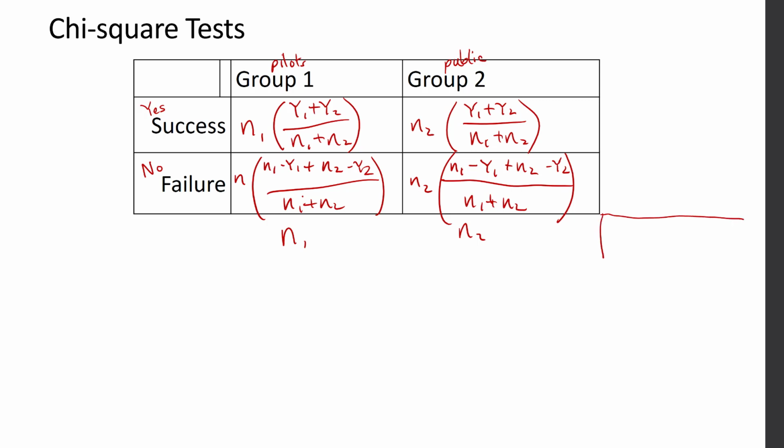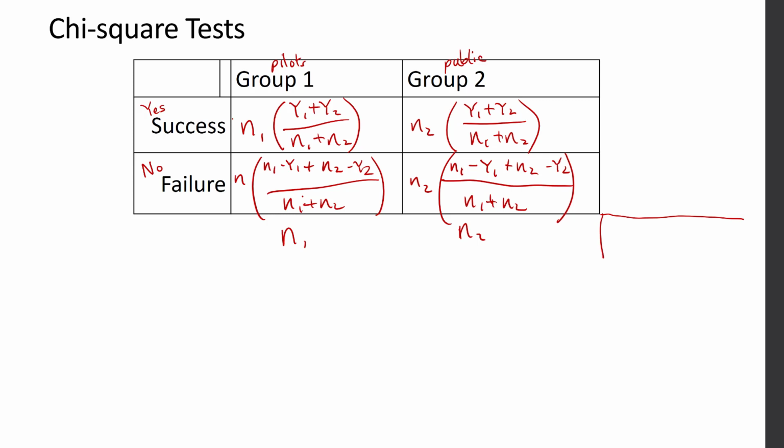we had N1 people in group 1, N2 in group 2. How many total successes do we have? Well, how many total expected successes do we have? We could add the expected successes for group 1 and for group 2.